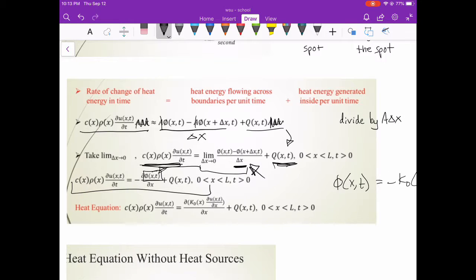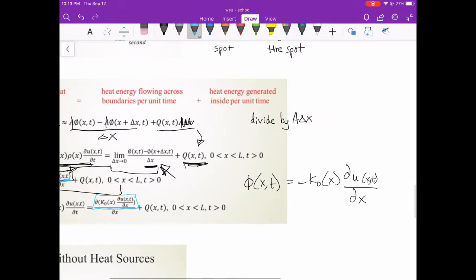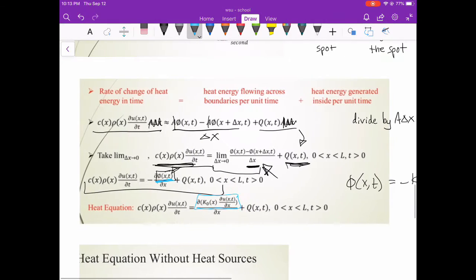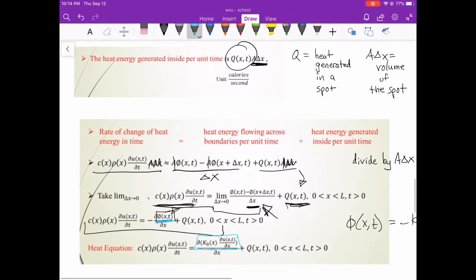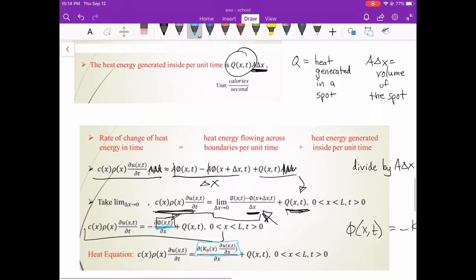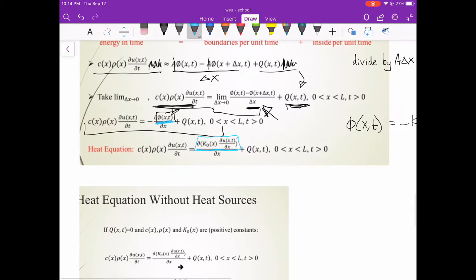So essentially she's just replacing this with that, because this was also one of the equations, just talking about the heat flow in that particular spot.